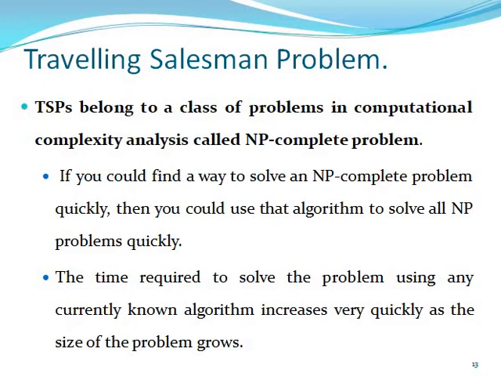If you could find a way to solve NP complete problems quickly, then you could use the algorithm to solve all NP problems quickly. The time required to solve the problems using any currently known algorithm increases very quickly as the size of the problem grows.